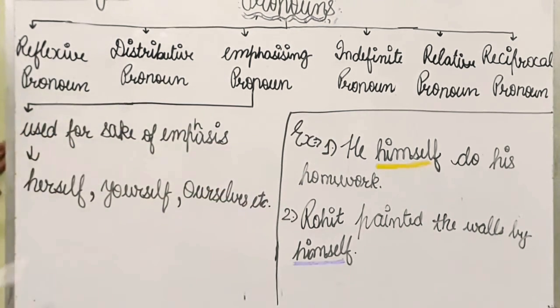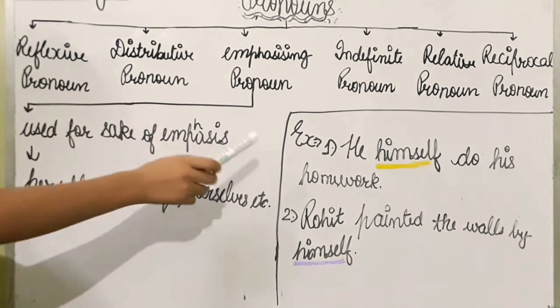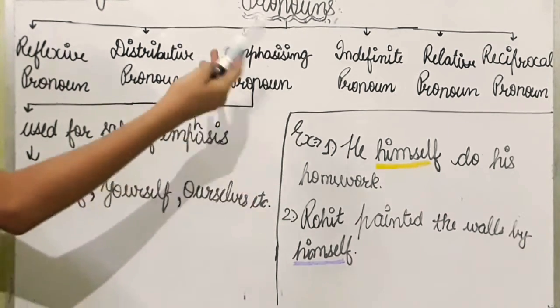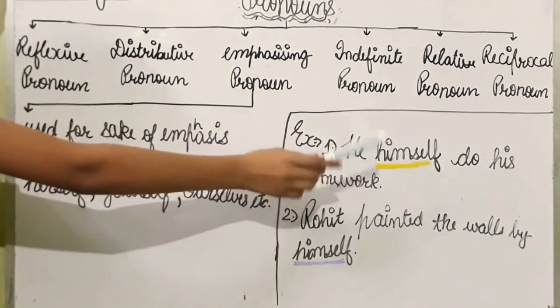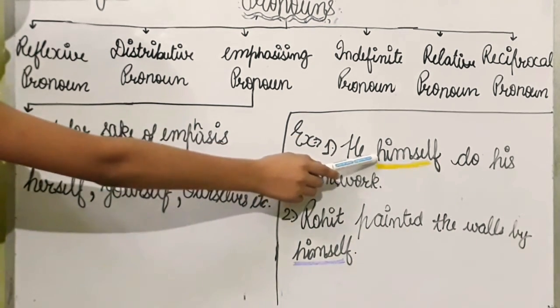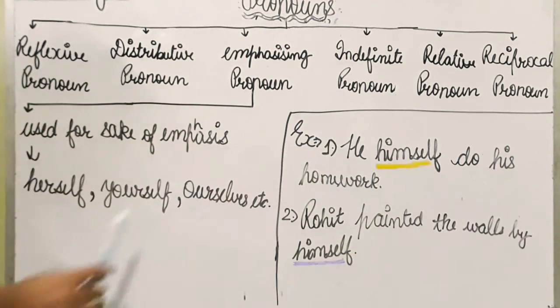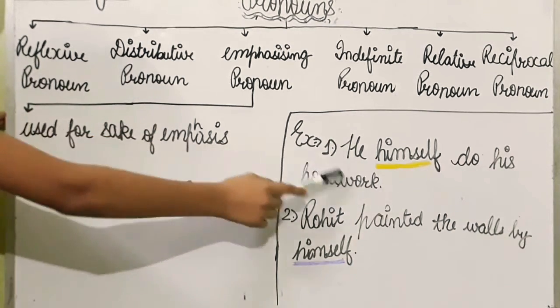So in the last example of reflexive pronoun, it was that he do his homework himself. So there it was in last and here it is in the first. Here it is in the subject. So here himself word is talking about that he has done his homework.